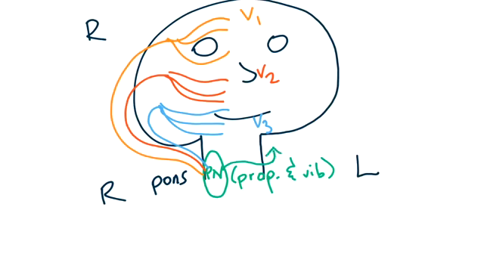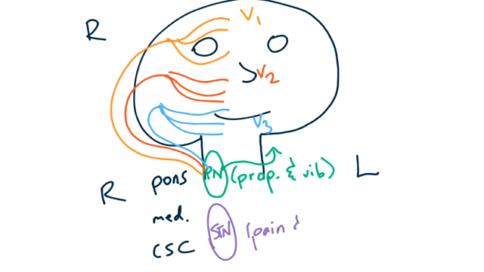On the other hand, pain and temperature information travels to the spinal trigeminal nucleus, which is in the medulla and the cervical spinal cord. So, medulla and cervical spinal cord. We have the spinal trigeminal nucleus. This nucleus is responsible for information about pain and temperature.